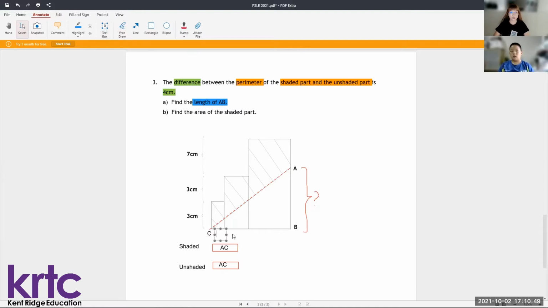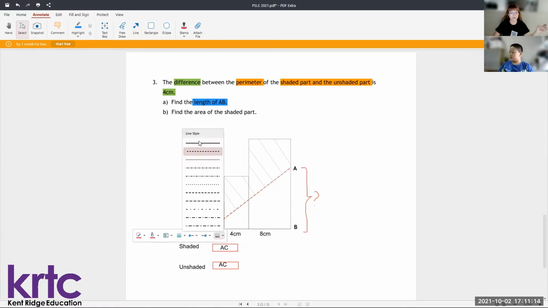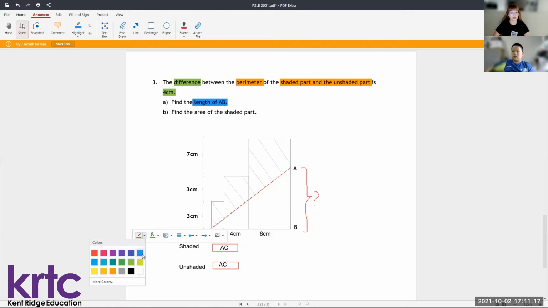What other things are shared here? This is written as 2 cm, this 4 cm, as well as this one 8 cm. They do have the common numbers from B to C. We have to highlight this. When you have 2 cm, it should also appear over here.